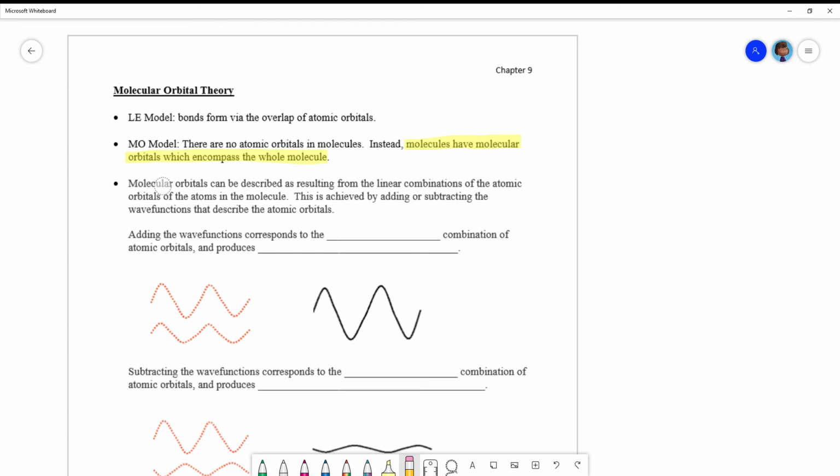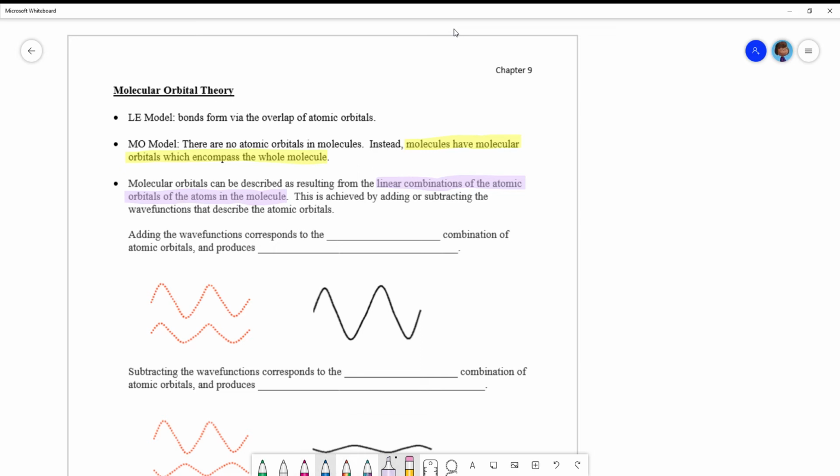So these molecular orbitals can ultimately be described as resulting from what we call the linear combinations of all the atomic orbitals of all the atoms in the molecule. I'm going to highlight that. Let's pick an unusual color. Let's go purple.